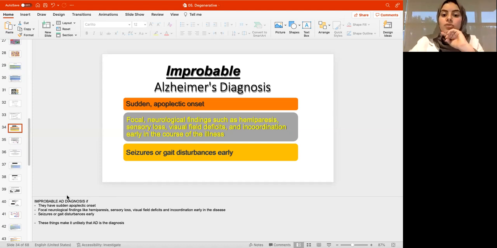If they have focal neurologic findings, because as I kept stressing before, Alzheimer's disease is generalized, then you know it's not AD. Just so you guys have an example, do you know what hemiparesis is?